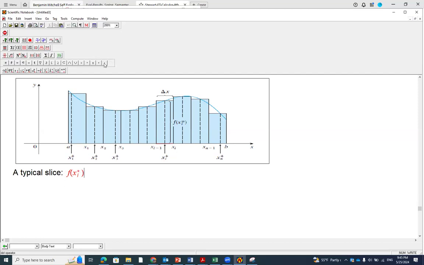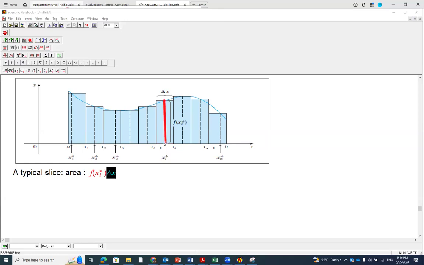So that's the height, and we multiply by delta x, which is the width. So this is the area of a typical slice. That area is the height multiplied by the width. The height is f of x sub i star, so let me mark it over here.